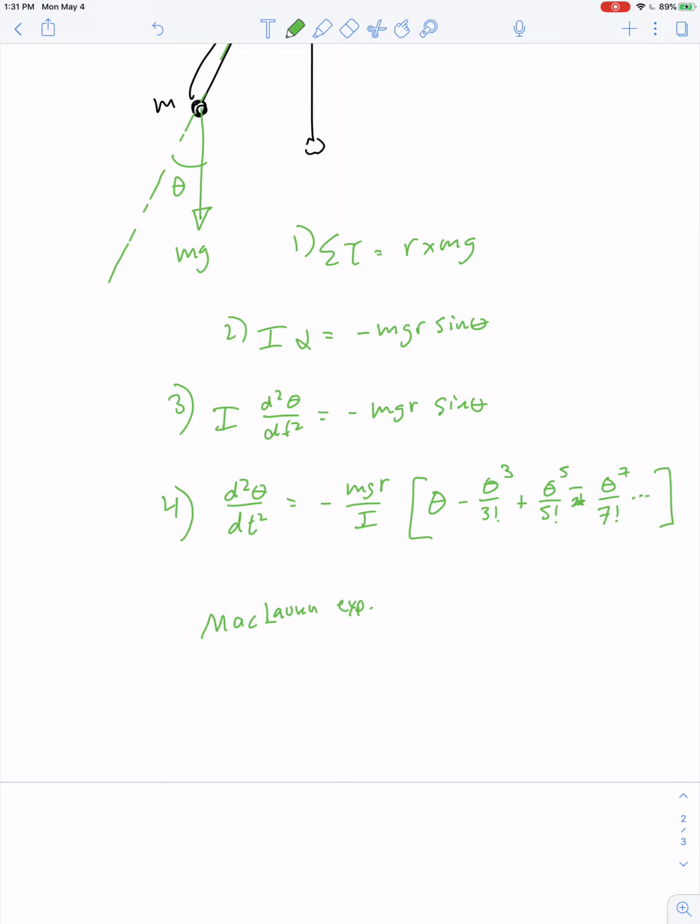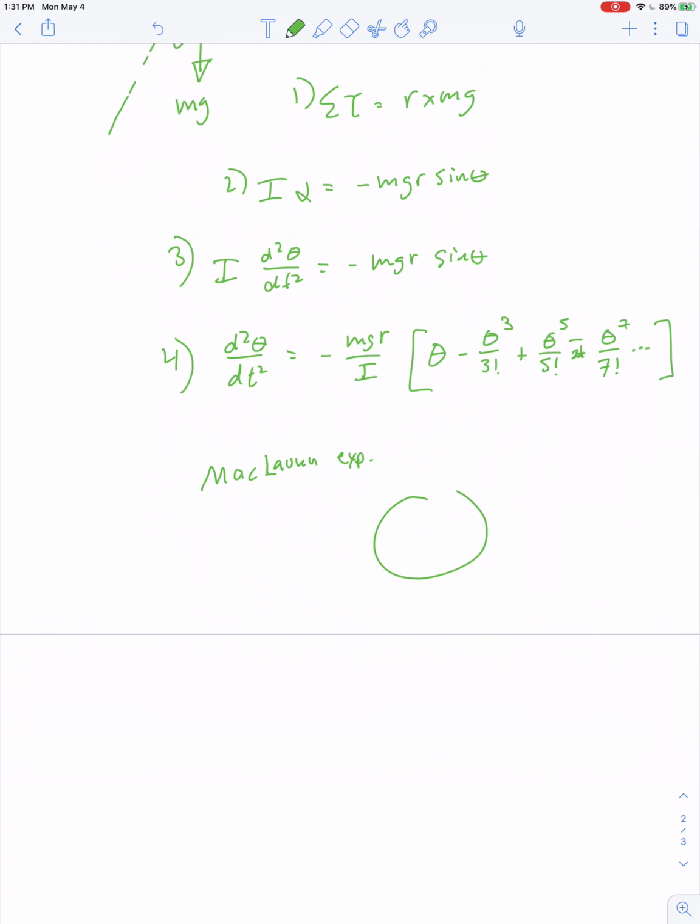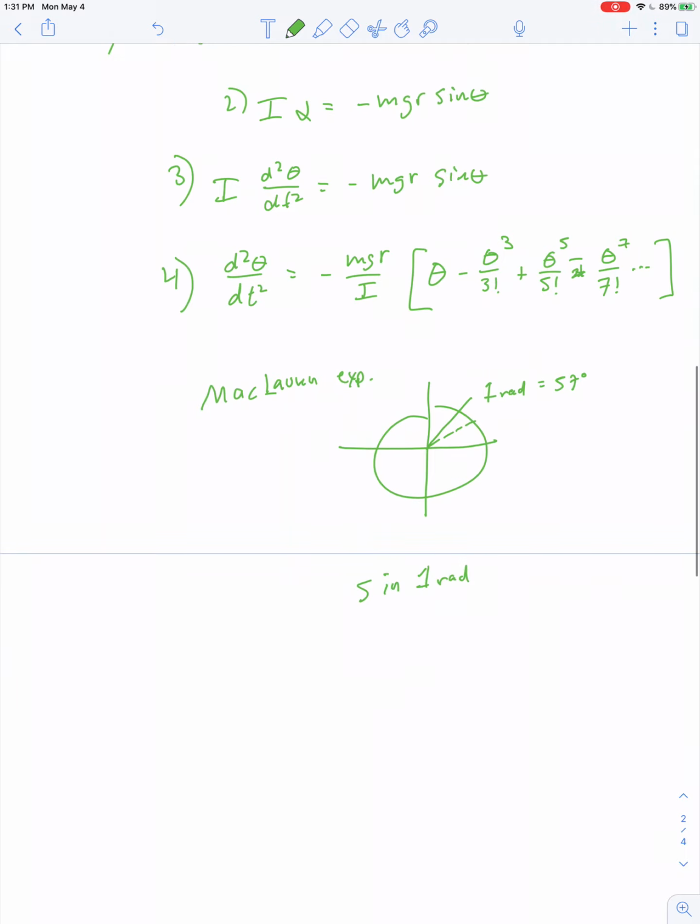Now, if theta is a relatively large angle, remember on the unit circle, where does 1 radian sit? 1 radian is more than 45 degrees. 1 radian is about 57 degrees. So we can approximate sine of 1 radian as 1 minus 1 over 3 factorial.